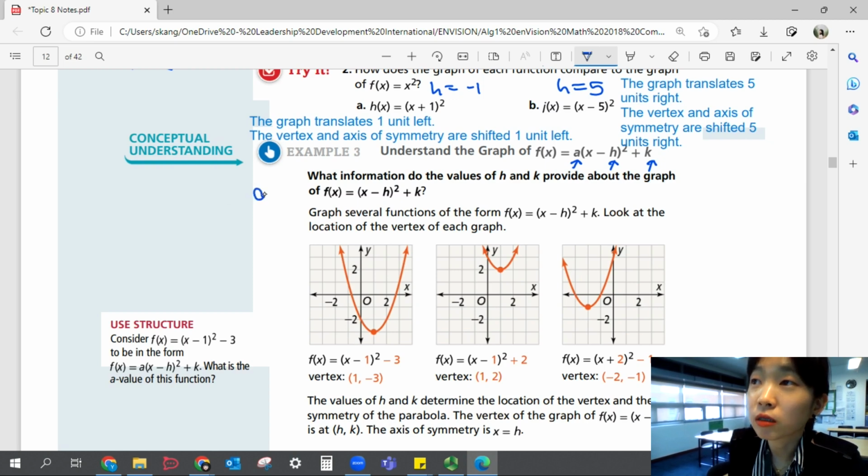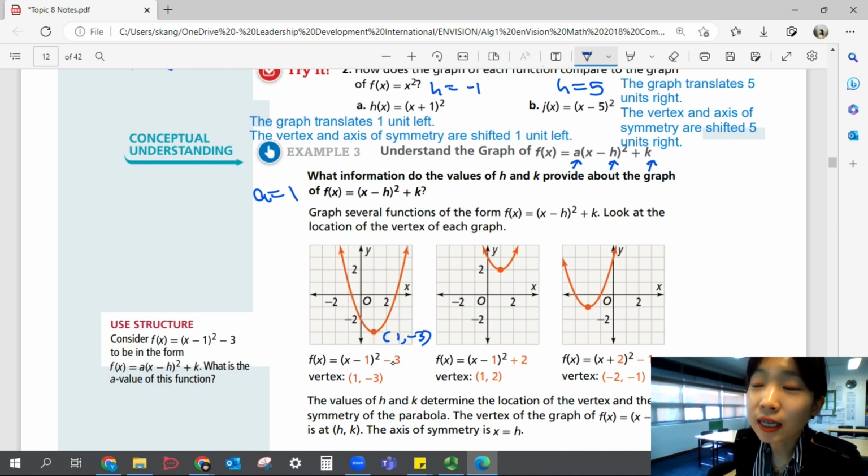So this is when a is equal to 1. But here, h is 1 and k is equal to negative 3. So if you look at the graph, you'll notice that the vertex is going to be h comma k, right?